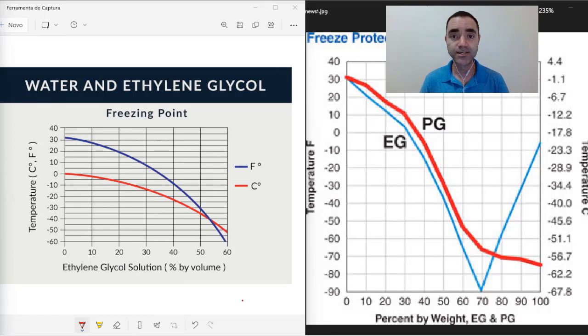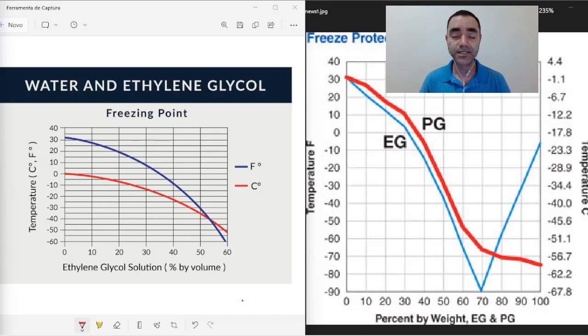So to avoid this kind of situation and operate your process safely, you need to add some components to your water. And there are basically two main components that you can add to your chilling water. There are many other components, but here I will focus on two. The first one is ethylene glycol.